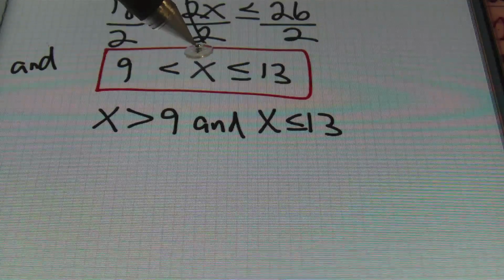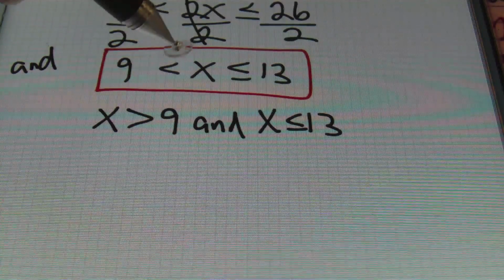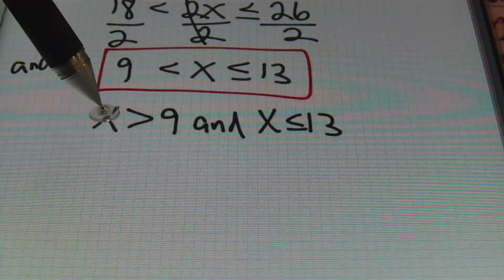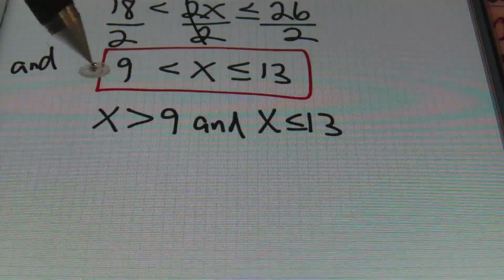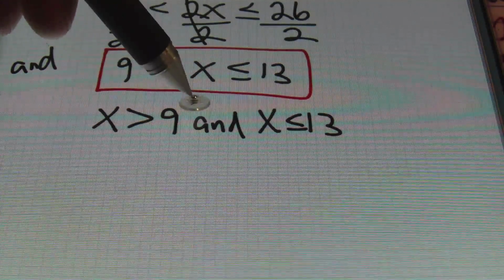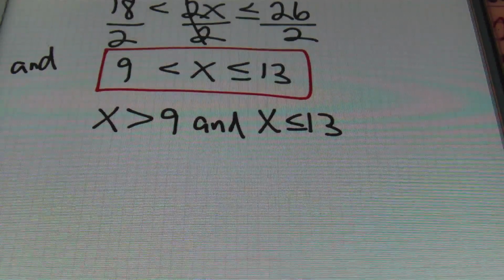So I read from the middle to the left and ended up with x is greater than 9 because the biggest part of that inequality symbol is facing the variable there. Notice that it's still the biggest part of the inequality symbol facing the variable when I flip it around. You'll end up with x is greater than 9 because they're both less thans. You'll have an and situation, and this will be x is less than or equal to 13 for that second one.